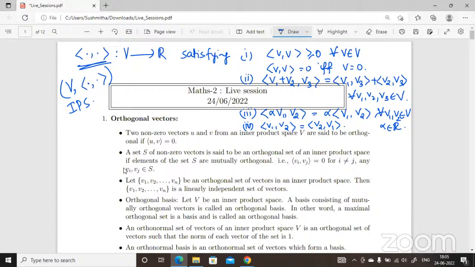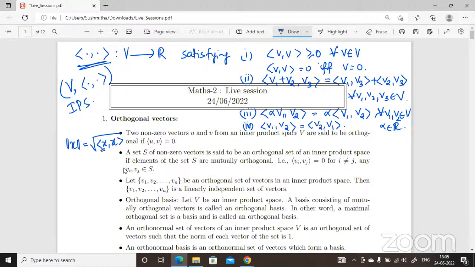Okay. Then what was the norm of a vector? How did we find the norm using the inner product? That is the length of the vector. The norm of any vector x is the square root of the inner product of x with itself.